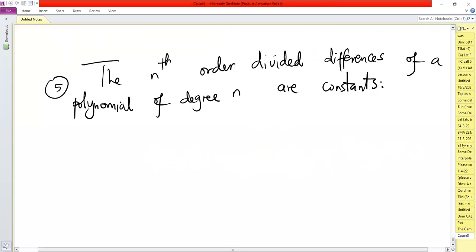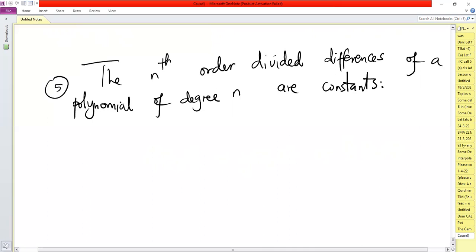So if you have a polynomial f of x of degree n, and you compute the nth divided differences, then the nth differences will always be constants. We saw the same actually applying for the case of the finite differences.